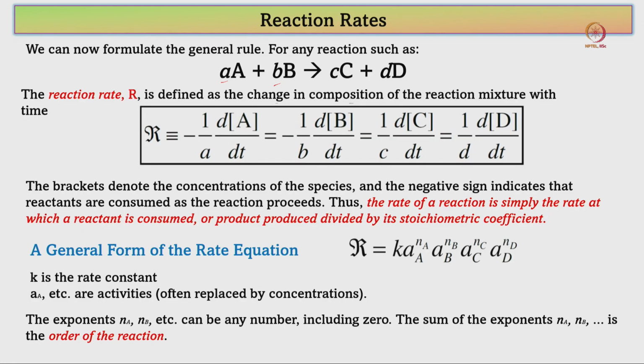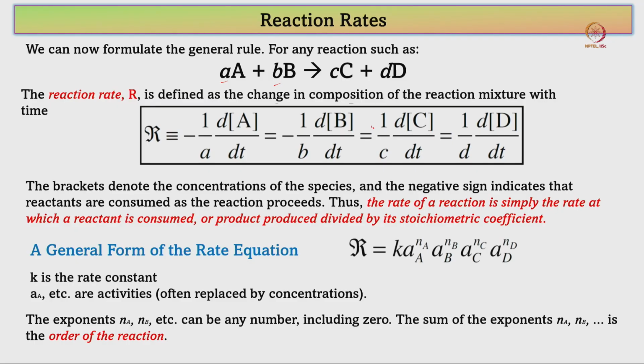R is equal to minus 1 by a of dA by dt, again equal to minus 1 by b of dB by dt, and for the products these are in positive terms: 1 by c of dC by dt, which is equal to 1 by d of dD by dt, and these are the concentrations of the species.